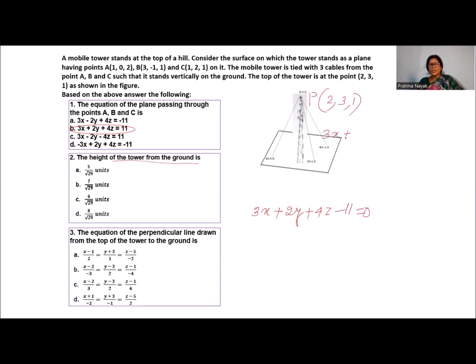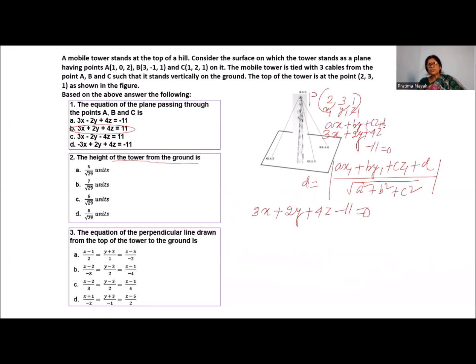The formula will apply: modulus of (ax1 plus by1 plus cz1 plus d) whole upon under root of a square plus b square plus c square. This is the distance, where the point is (x1, y1, z1) and the plane is ax plus by plus cz plus d is equal to 0.